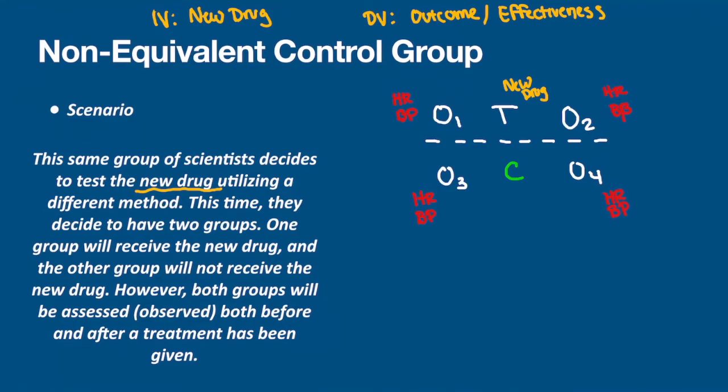So let's identify now, well, what is this C here in the middle? What is that going to represent? And like we looked at earlier this week, this C could actually represent something that we call the placebo.